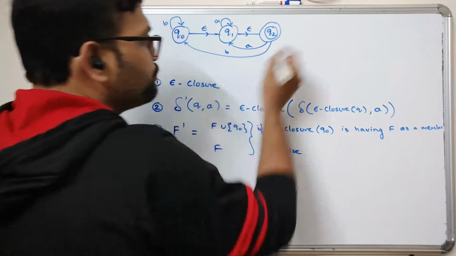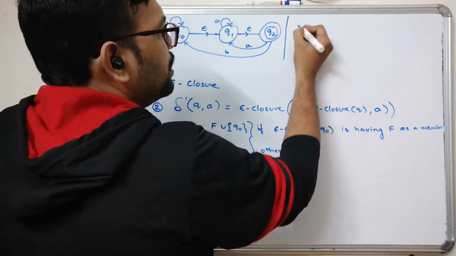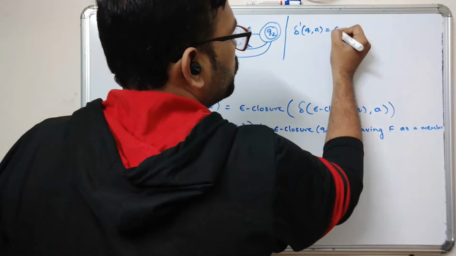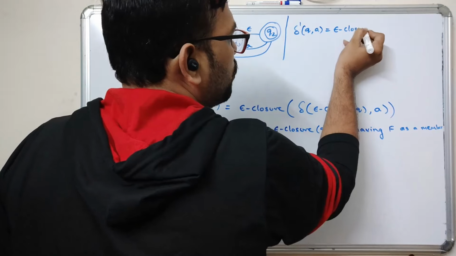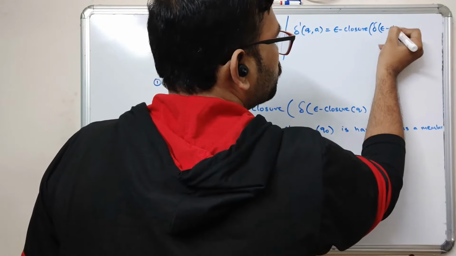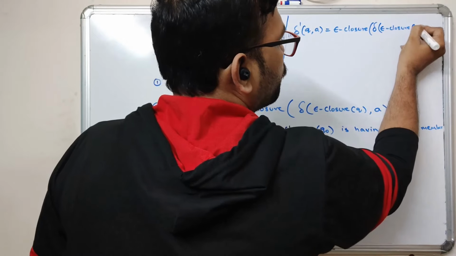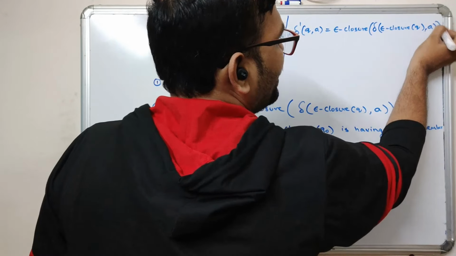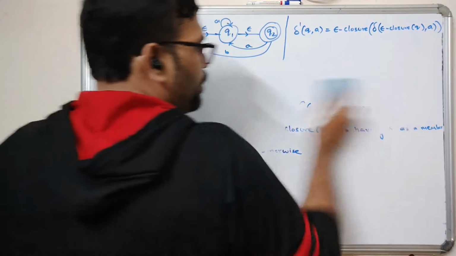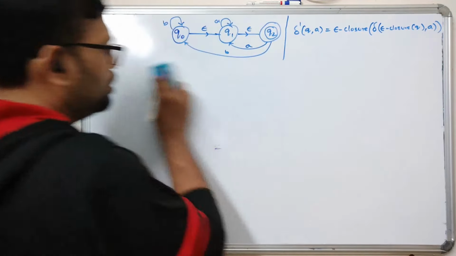I will write this function here itself: delta dash of q comma a is equal to epsilon closure of delta of epsilon closure of q with the input symbol a. So just remember this. Now first of all we need to find the epsilon closures.